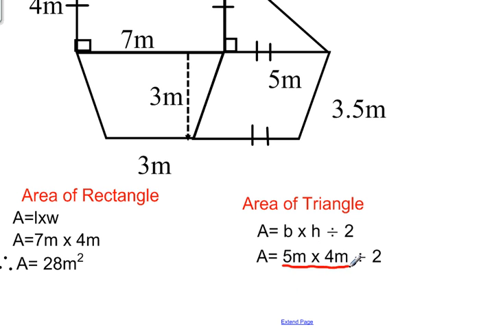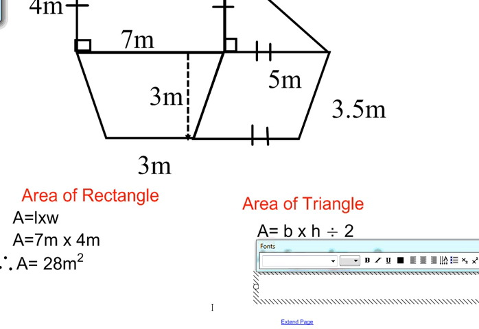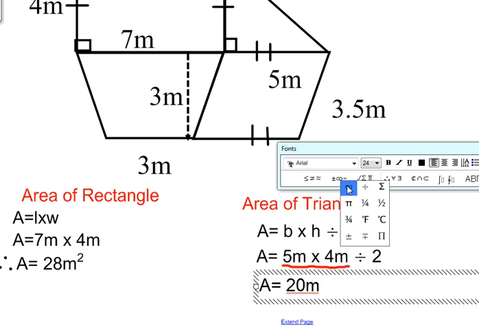BEDMAS tells us to go from left to right. So underneath it, do it again. Area equals 5 times 4 is 20. So it's 20 meters, and then divided by 2 again.